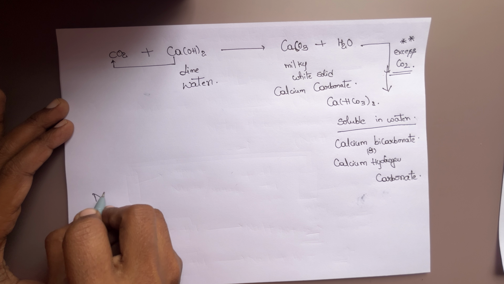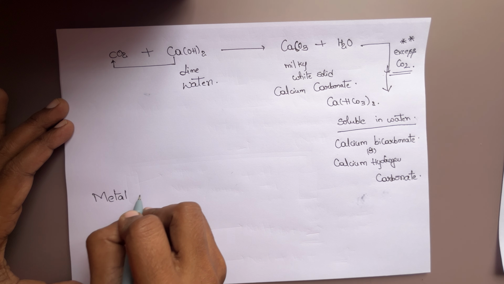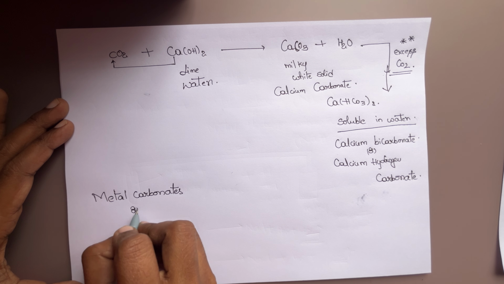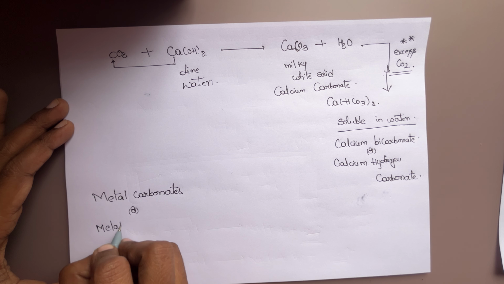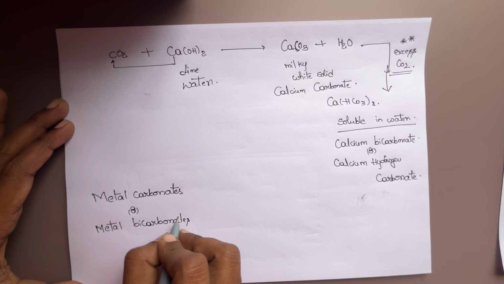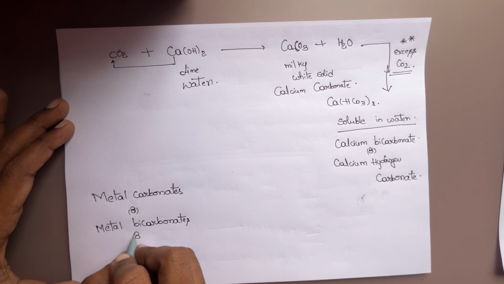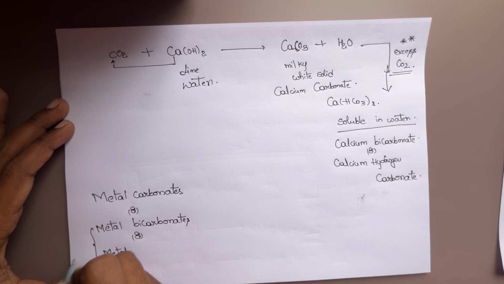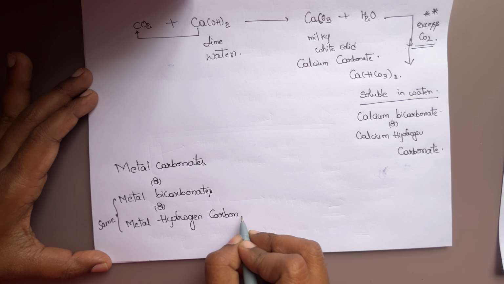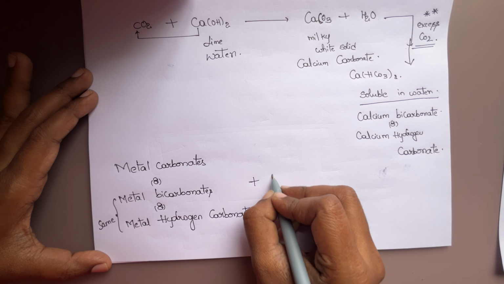So what happens if metal carbonates or metal bicarbonates, also called metal hydrogen carbonates, one and the same, react with acid?